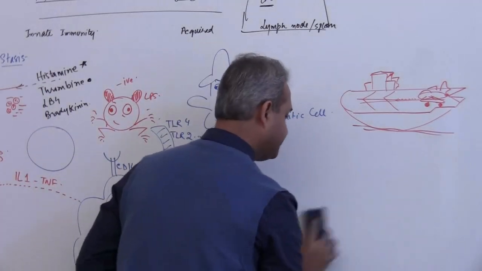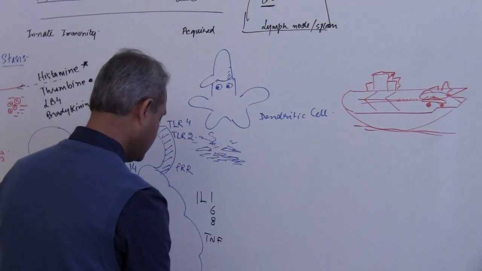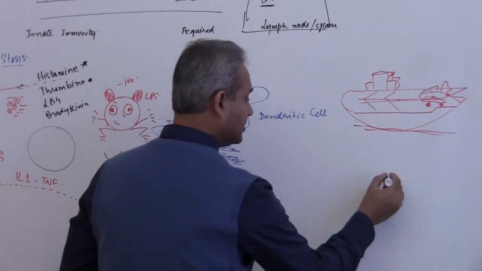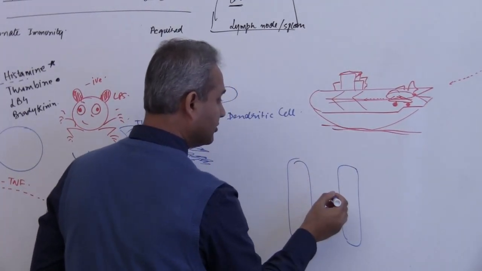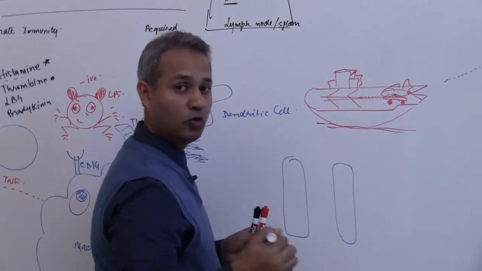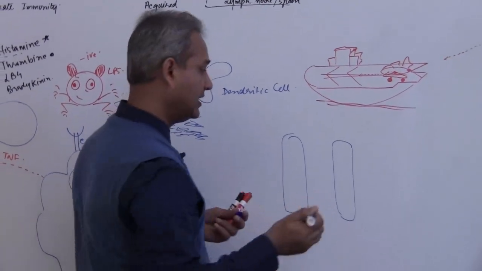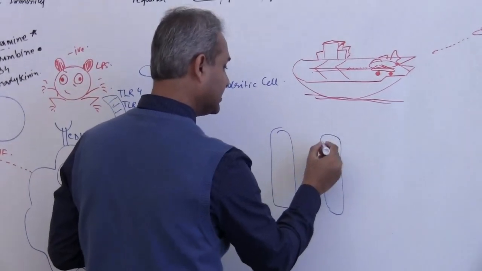So check this out. Selectins are actually proteins which are showing on two cells. Let's say their cluster designation is 62.